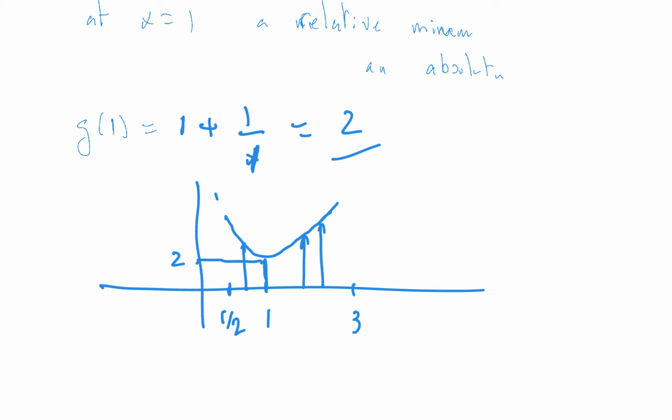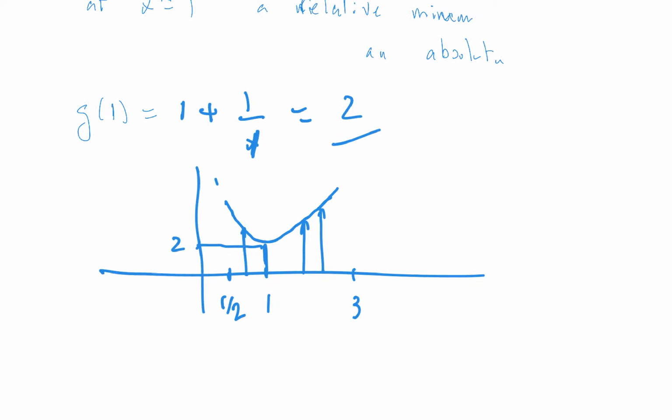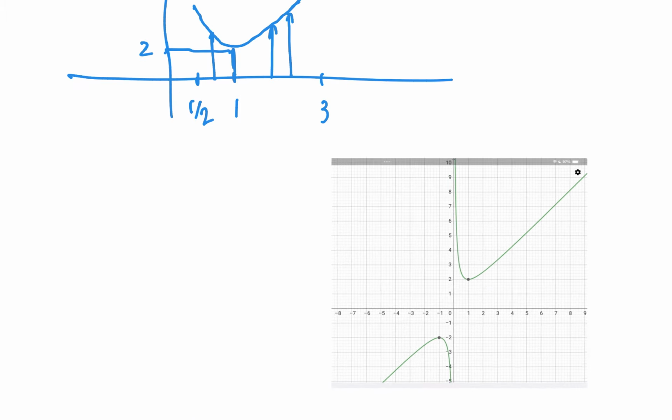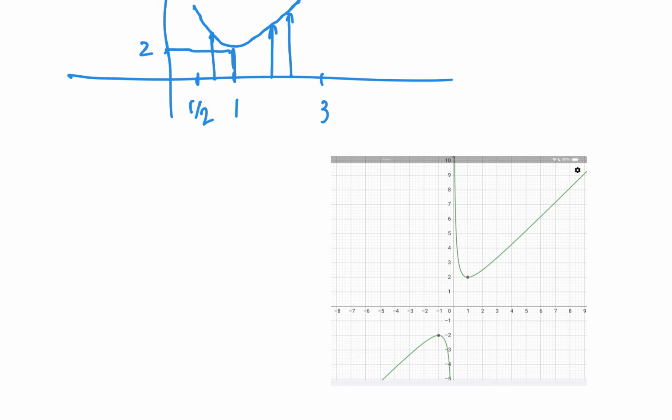Okay. To finalize, if you graph this function in GeoGebra, you will find that this is the function x plus 1 divided by x. It has a vertical asymptote at x equals 0, because at x equals 0 the function is not defined.